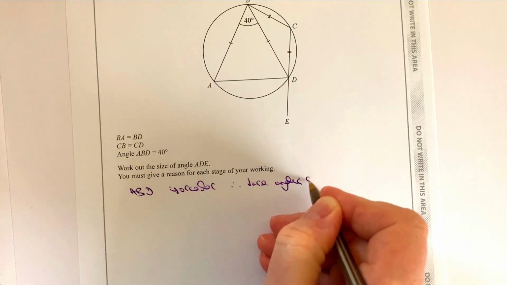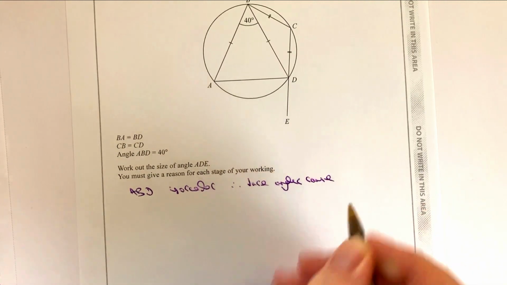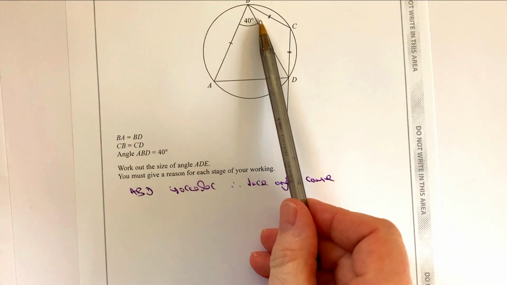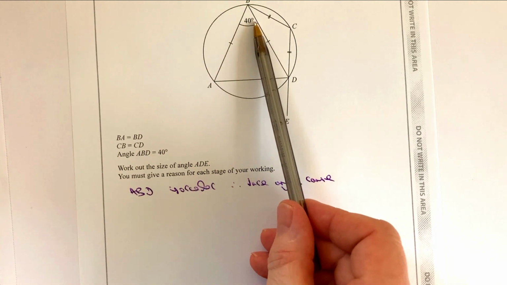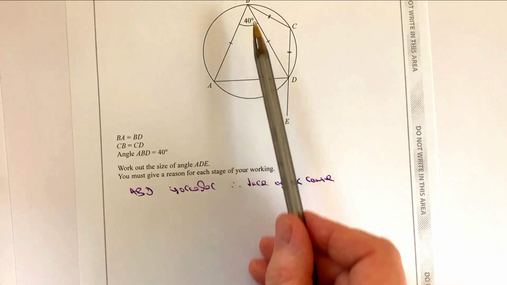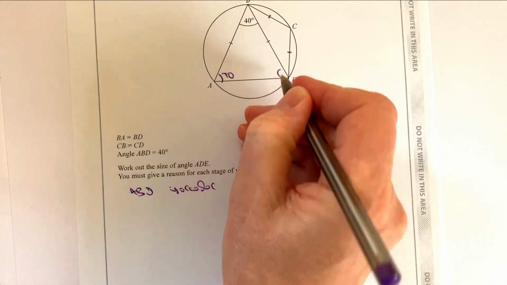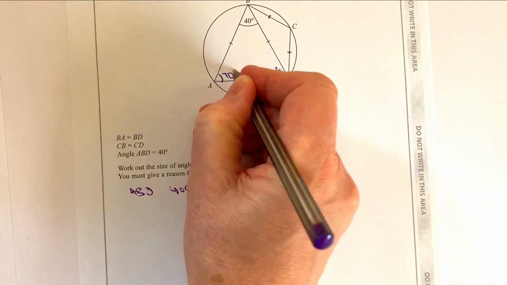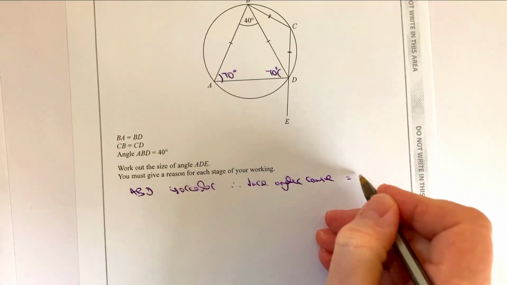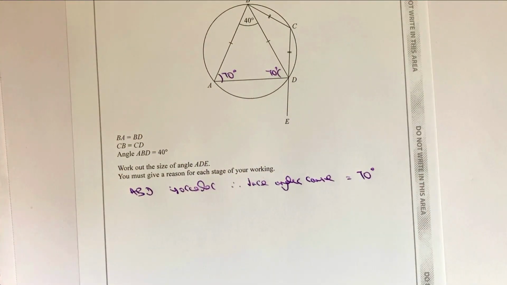It should be fairly easy to work through because we know that the top angle is going to be 40. If we take that away from 180, it means that these two angles are going to be 70 degrees each. So we know this is 70 and this is 70 degrees. So if I just put equals 70 degrees there, that's fine.